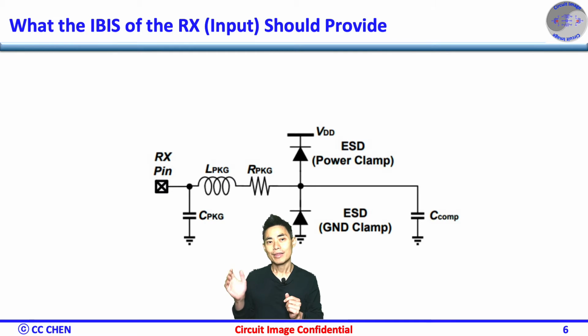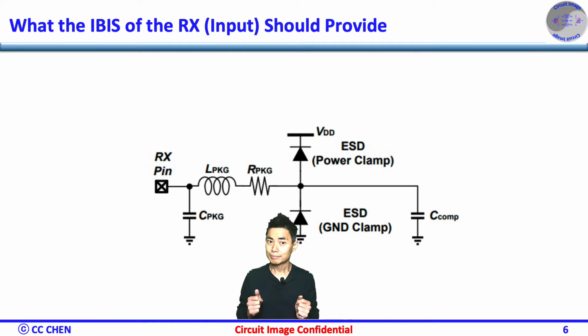So, C_pac, R_pac, and L_pac are used for the package parameters. Then, the power clamp and ground clamp represent the ESD structure at the inputs. Additionally, the VI curve data defines these clamp structures, and C_comp is the input capacitance of the input pin.